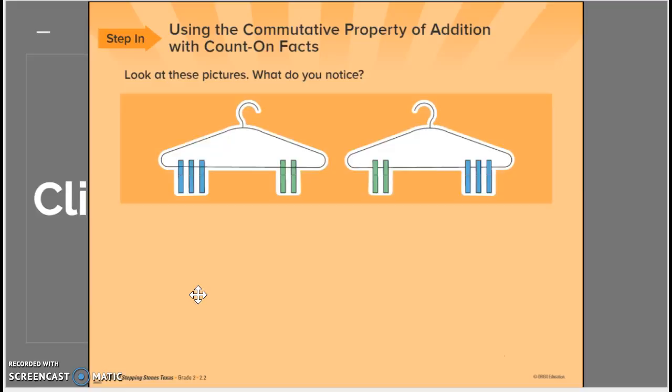Look at these pictures. What do you notice about the hanger and clothespins on the left? And what do you notice about the hanger and clothespins on the right?